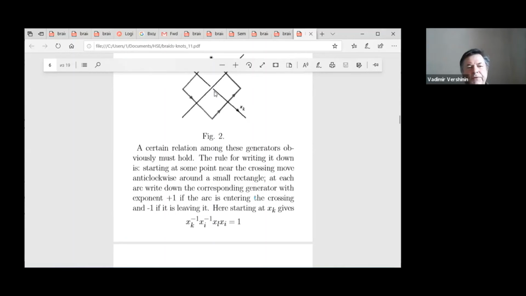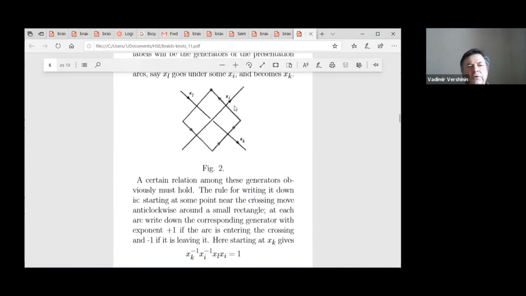So I start with xk. If it goes out of the square, then you put the degree -1. So here xi goes out, then again -1. xl enters the square, then plus. And xi again enters, then plus.